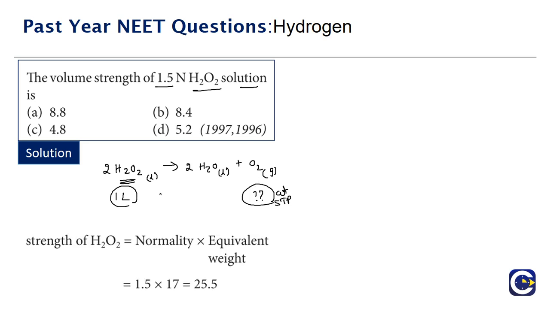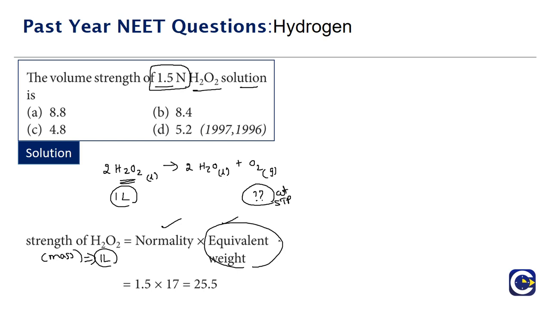The given H2O2 solution is 1.5 normal, so we can find the strength of the solution in terms of mass. If you multiply normality with the equivalent weight, this gives the mass of H2O2 present in 1 liter of solution, because normality is the number of equivalents in 1 liter.